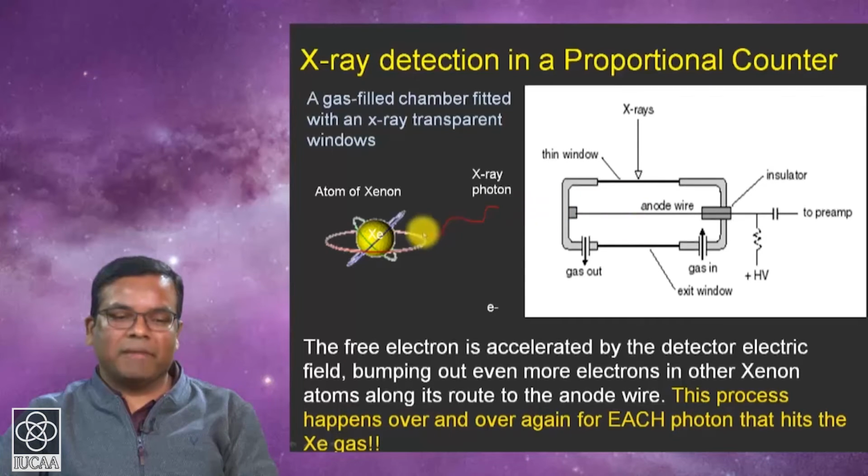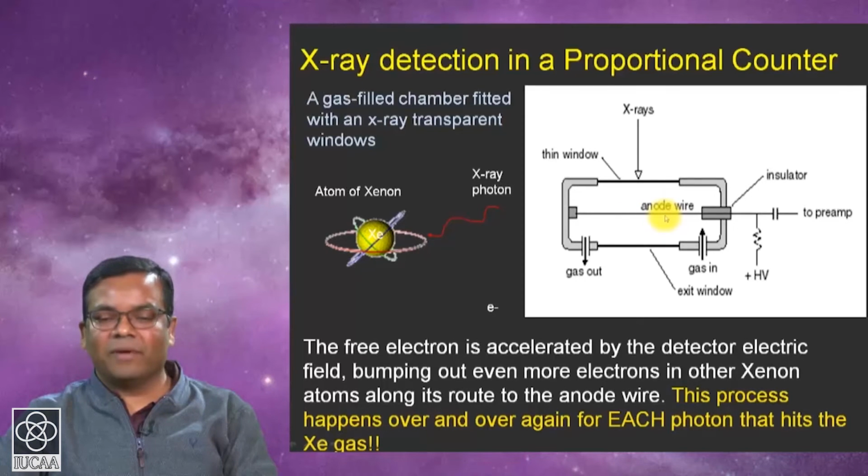What happens is that the X-ray photon interacts with a xenon atom and ejects one of the electrons from the innermost shell. This electron is attracted towards the anode, where a high voltage is applied, due to the electric field of the anode.